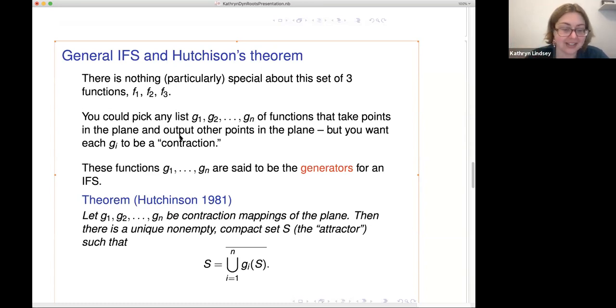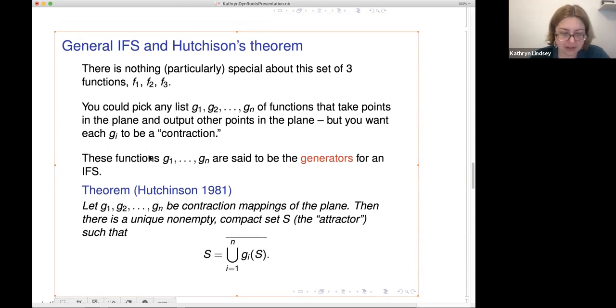The one caveat is that you usually want each of your functions to be a contraction, meaning that if you have any 2 points and you apply any of the g's to both of them, it decreases the distance between them. Such a list of functions is called a set of generators for an IFS. Essentially, this whole discussion will hold for any collection of maps like this.